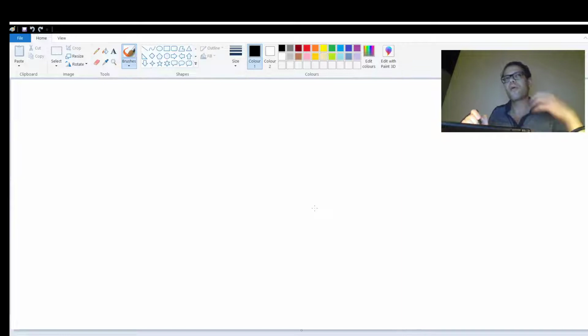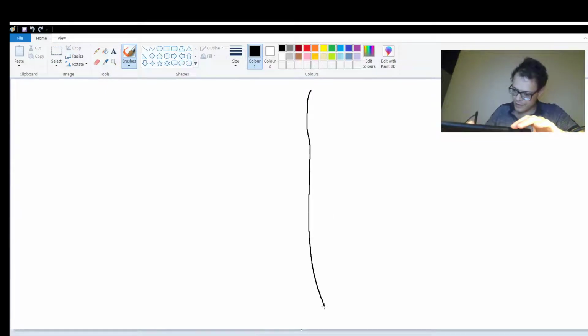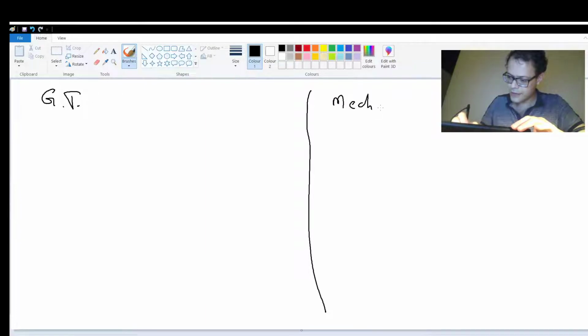So I remind you that we spoke about various branches, various modeling options for non-cooperative game theory. Let us divide this for game theory per se, and here we had mechanism design.